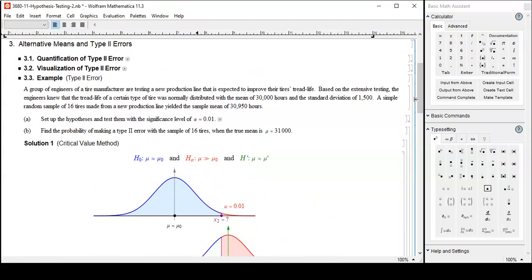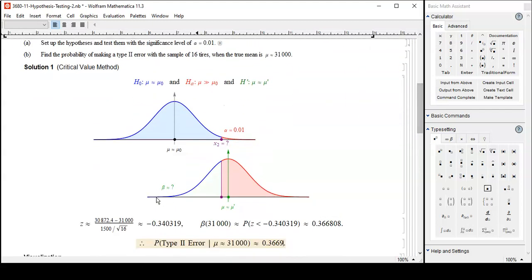So how do we answer these kinds of problems? Well, in the new picture, centered at mu prime, but aligned with previous pictures so that we have the same critical value that we got before, 30,872.4, whatever that is. And left or right, which is null?